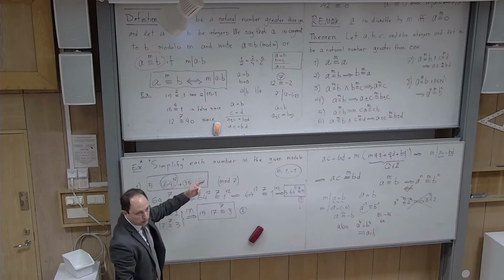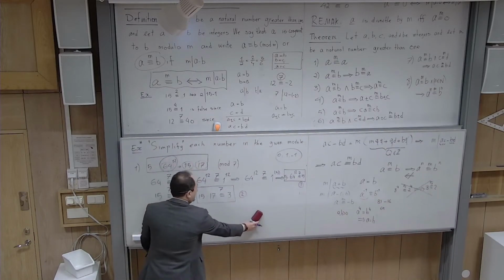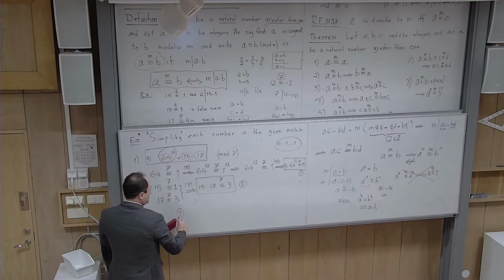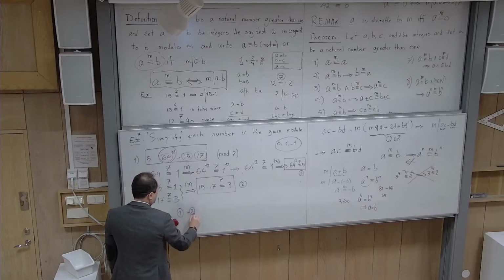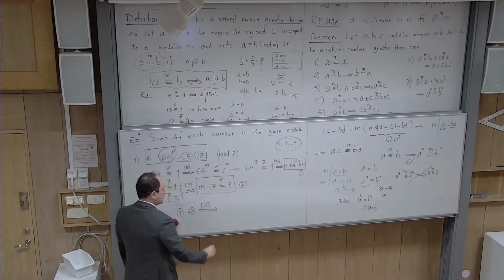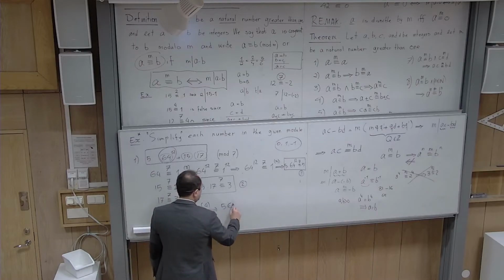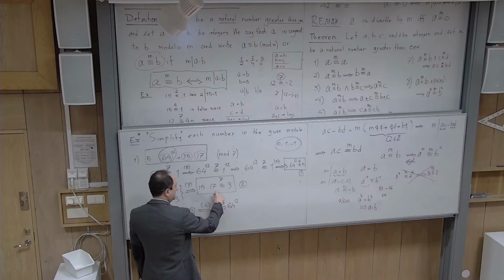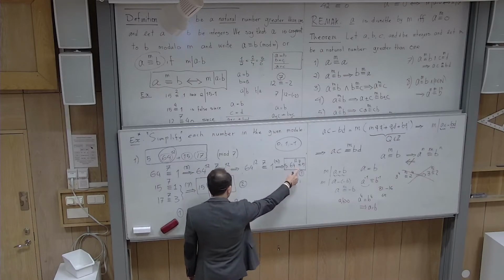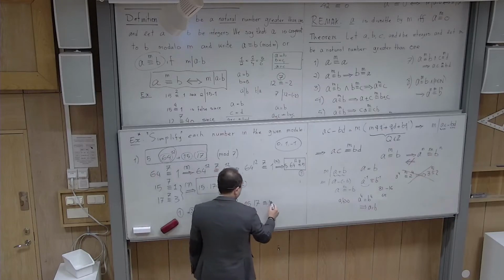Yes, number 4. Yes? So if I have number 1, I want to add it to number 2 based on part 4. I can do that. So I can write 5 times 64 to the power of 12 plus this number, 15 times 17, and then I will add 5 to 3 modulo 7.